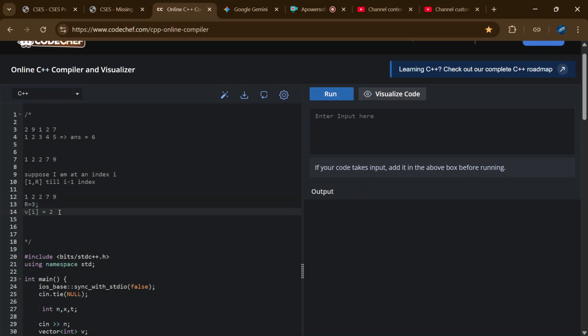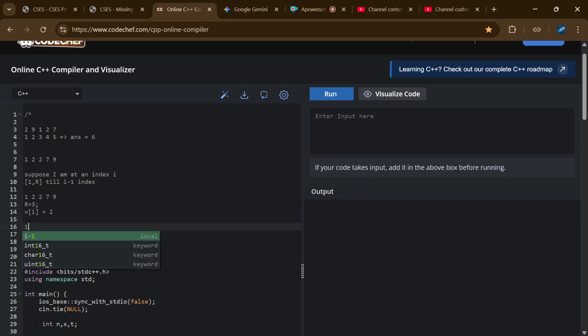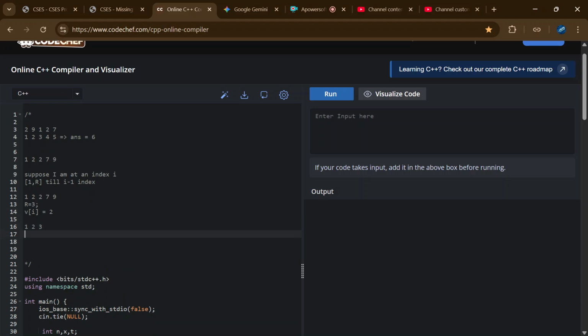Now what I have is that I can make 1, 2, 3. In order to make 4, what should we have? We can make 1 2 3, and we have v of i equal to some number x.